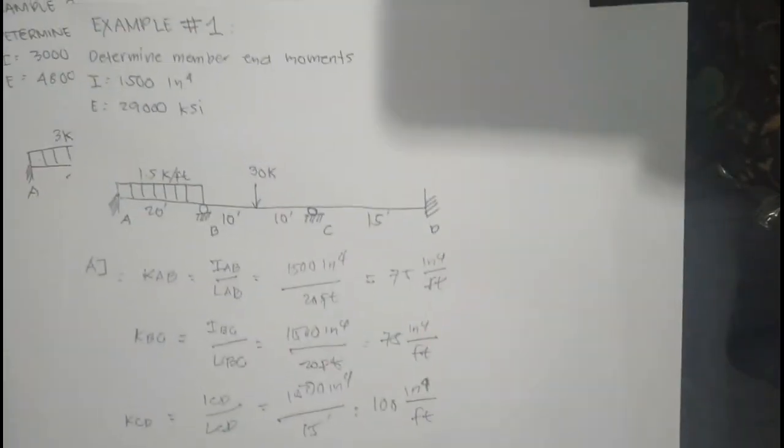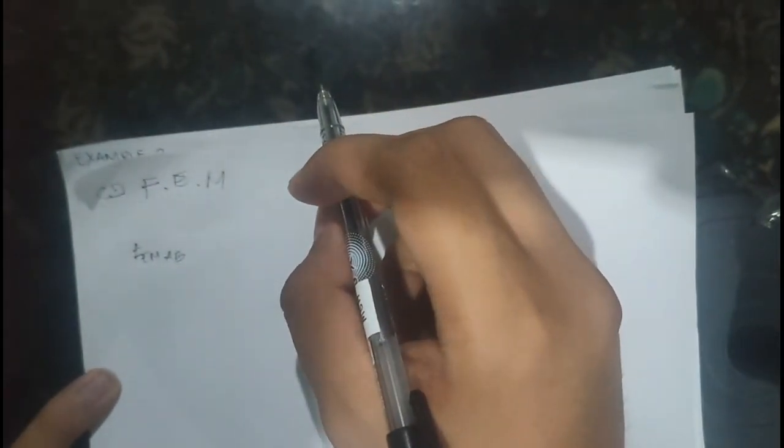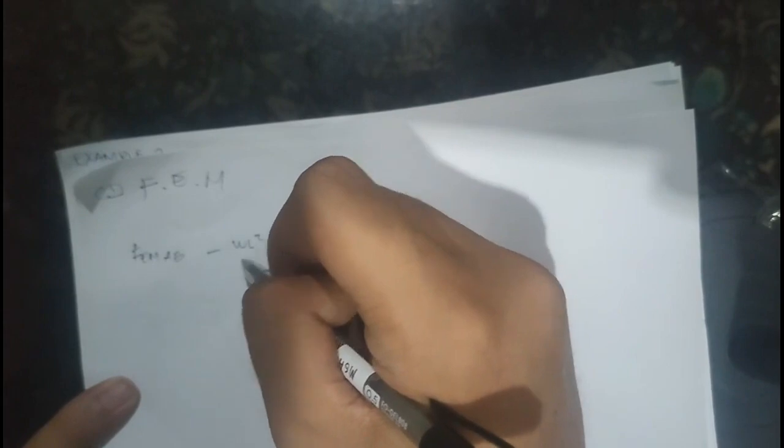Next thing we will do is get the fixed end moment. For the fixed end moment at joint AB, since the load is uniform, we can use the formula WL squared over 12.